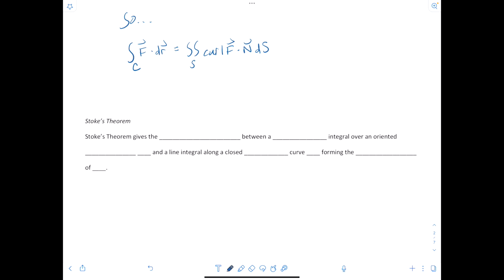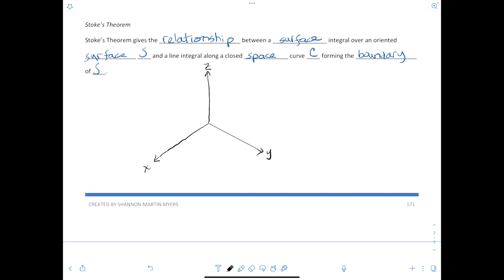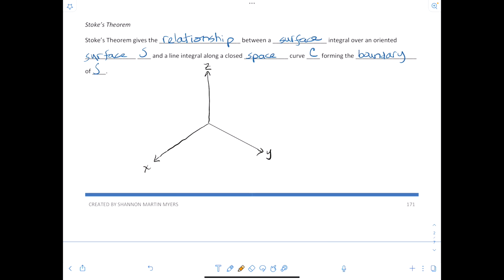Stokes' theorem gives the relationship between a surface integral over an oriented surface S and a line integral along a closed space curve C, forming the boundary of S. And then let's just sketch out the plane here.